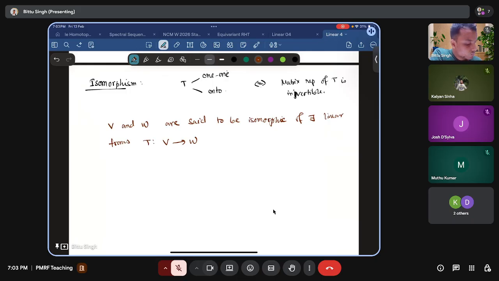So instead of linear transformation, we can directly say linear isomorphism from V to W.